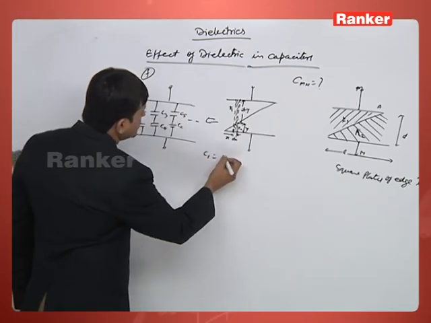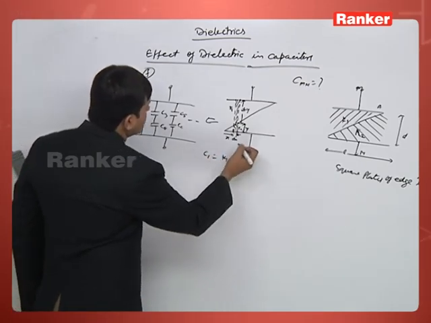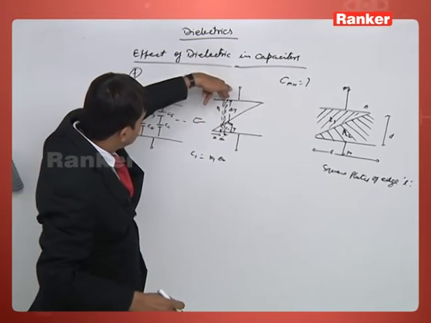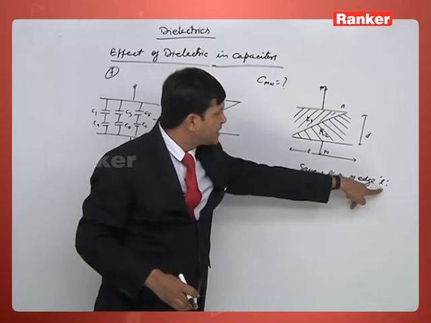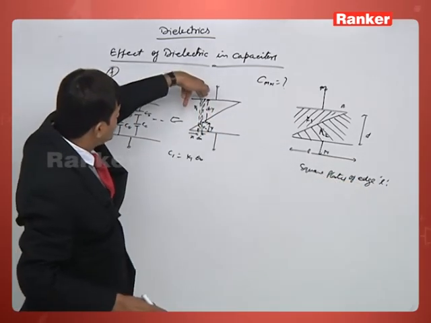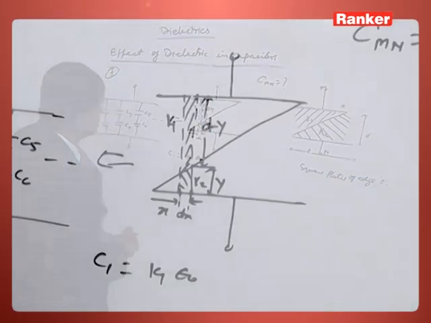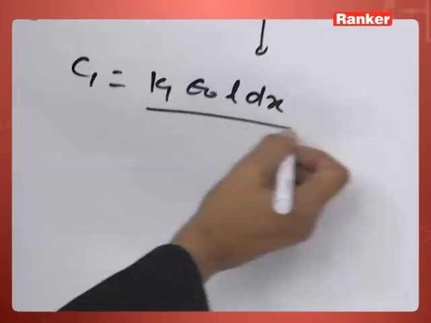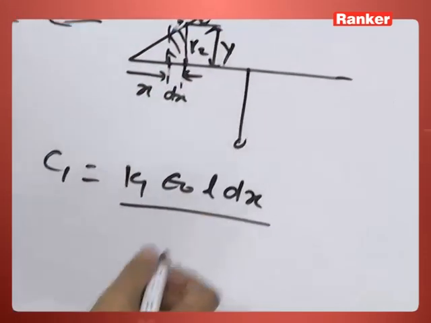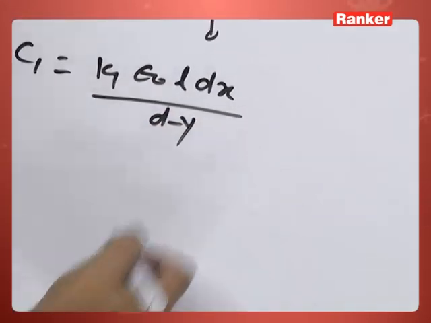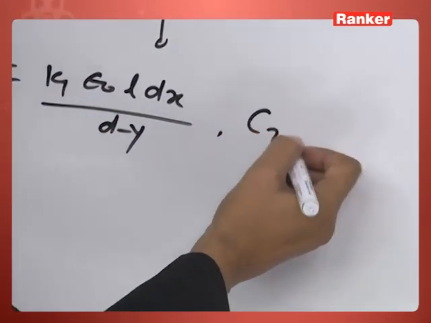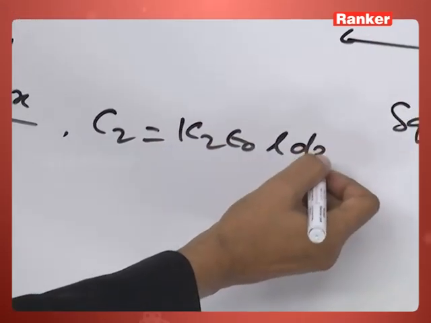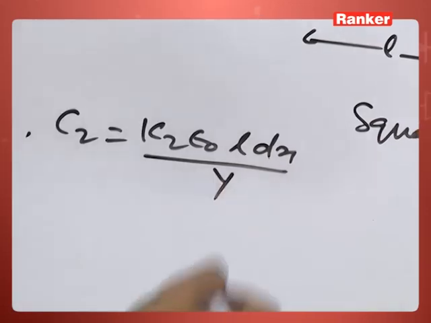The C1 is your K1 epsilon naught times the area of the plate. This thickness is your dx, but since the plate is a square plate, it will go up to L. So K1 epsilon naught L into dx is the area, and the gap between the two plates over here is d minus y, and C2 will be your K2 epsilon naught L dx by y.